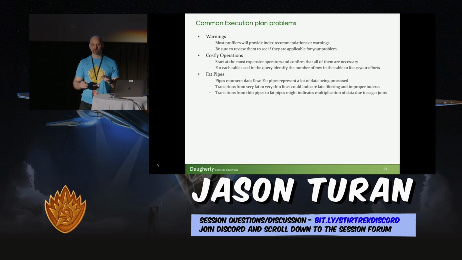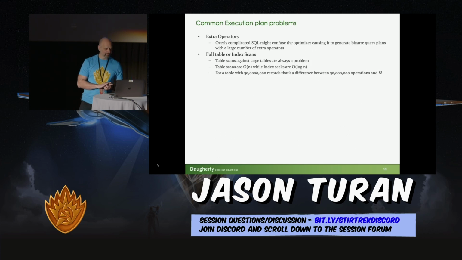And if your query profiler supports a visual representation of the query plan, if you ever see really big changes and transitions, that might be a good place to look into to see why a row is getting filtered out, or why there is so much data being pulled in.